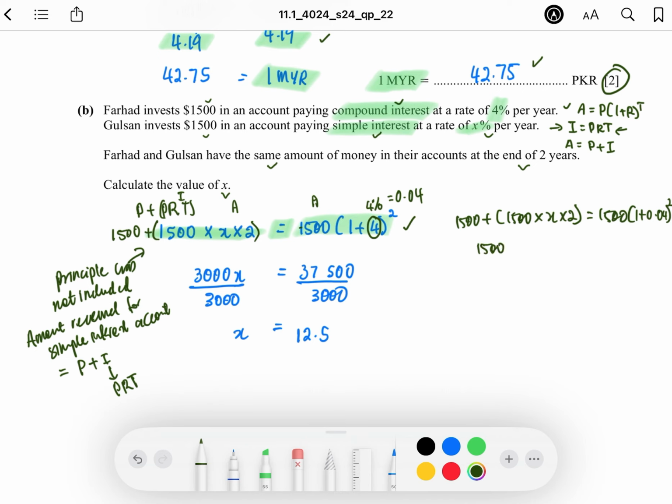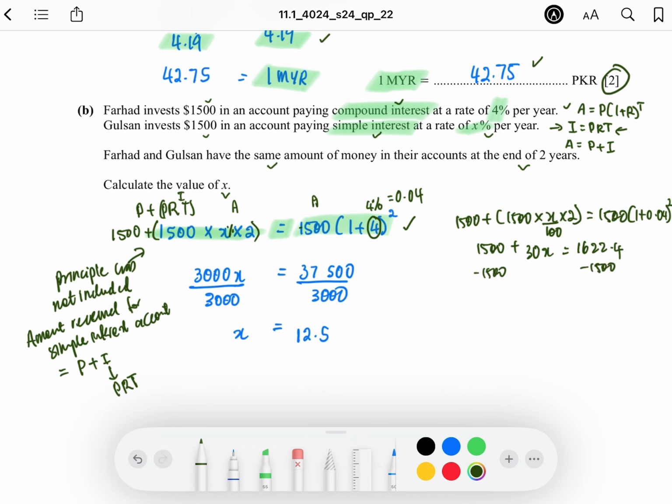Simplifying. Similar thing with this one, that is supposed to be over 100 because it's x%. Simplified to 30x. The other side simplified to 1,622.40.